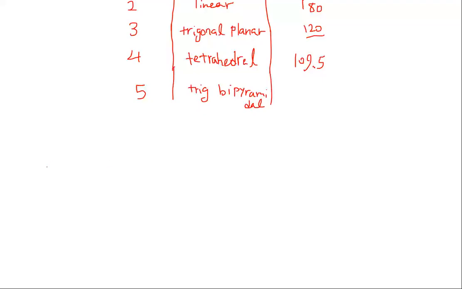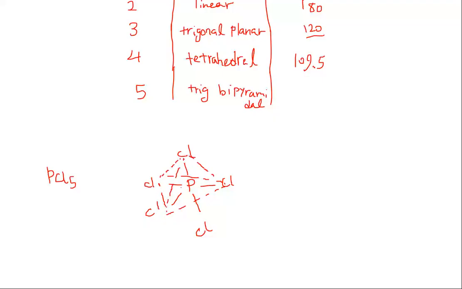For example, in the case of PCl5, one phosphorus is connected to 3 chlorine atoms. This will be in a plane, and then 1 covalent bond up, perpendicular to the plane, and then one is down. So considering this shape, it's a pyramid, but the base is a triangle.